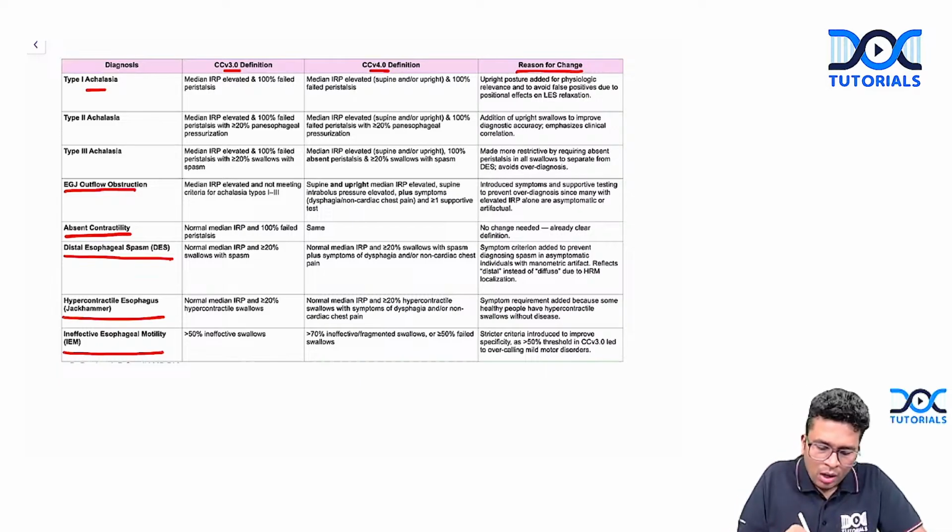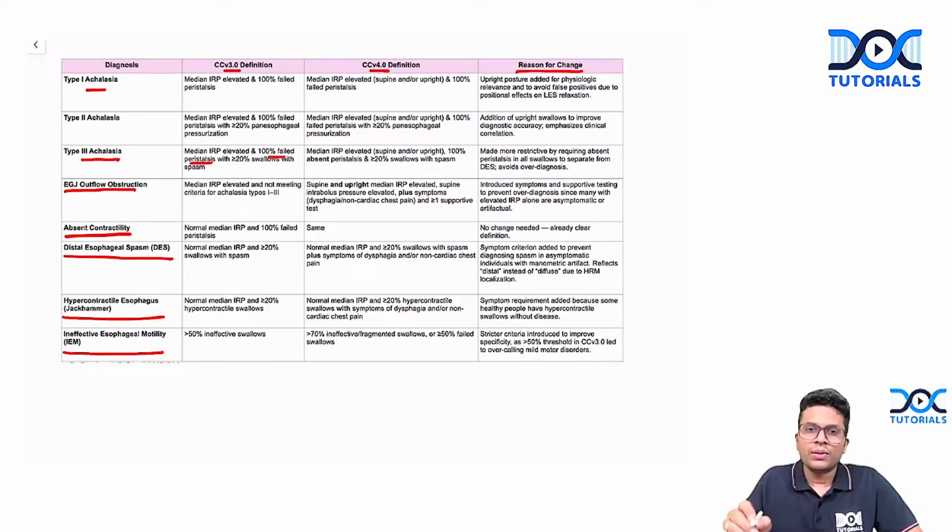So in type 3 achalasia, they had said that initially failed peristalsis was included, but the recent fourth version includes a terminology of even supine position, and they say absent peristalsis. So absent peristalsis helps in having a more restrictive criteria.